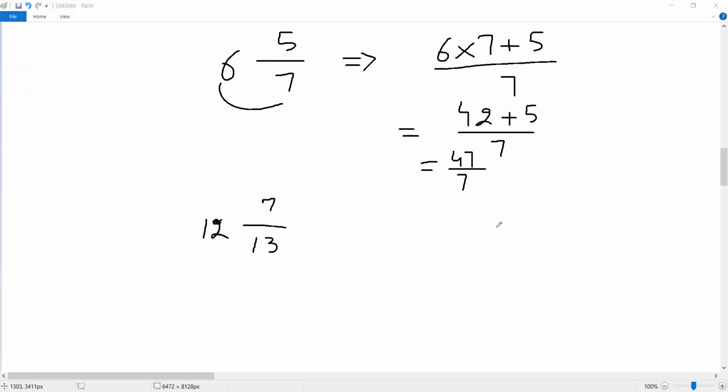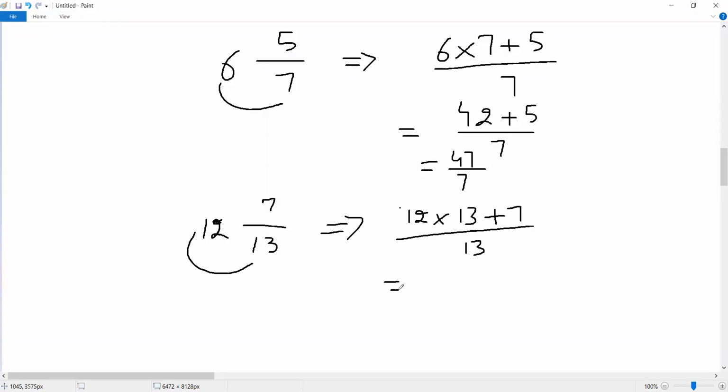Let us see how we got this answer. So, what is the method? You multiply 12 with 13. Then you add 7 to the product and divide it by 13. So 12 into 13 is what? It is 156.